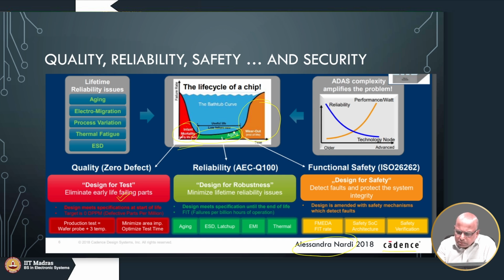Whereas this here is where we are concerned about reliability. So there are standards like AEC Q100 which are addressing that particular issue. And here we are worried about functional safety. So the part may fail, but are we going to take care of functional safety?